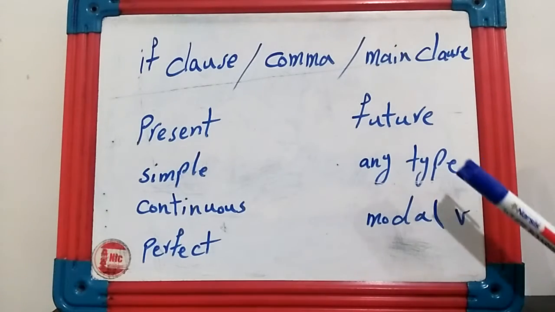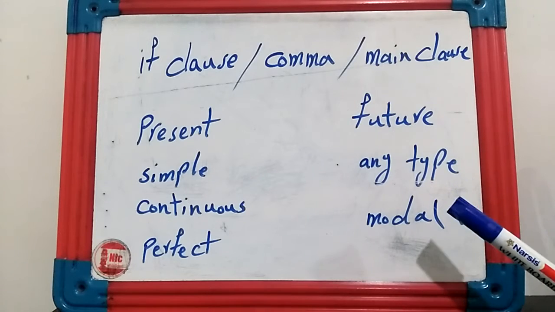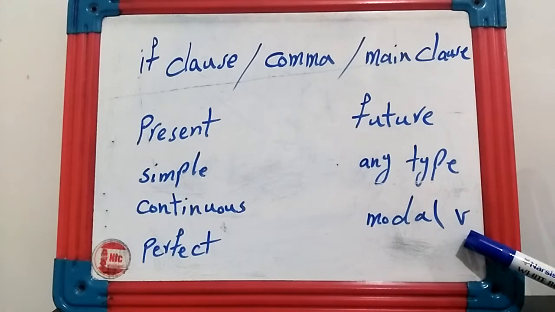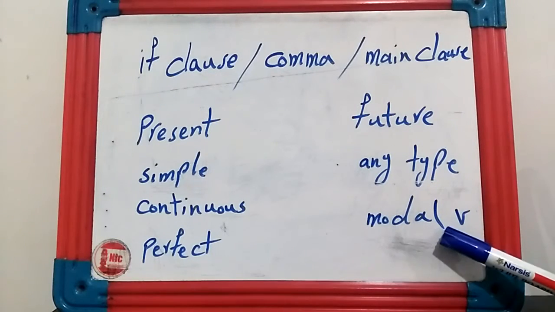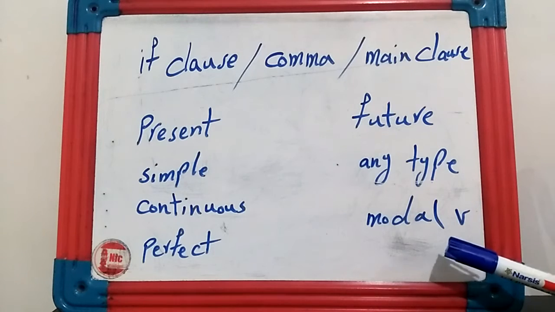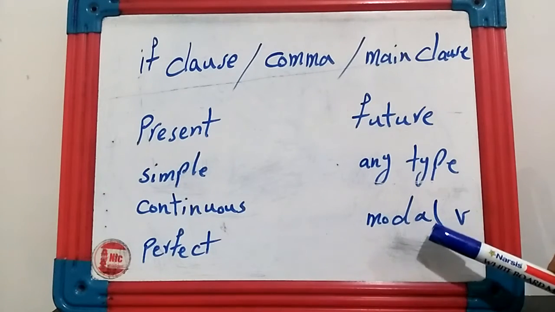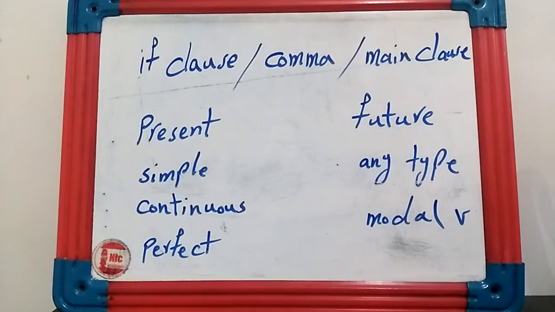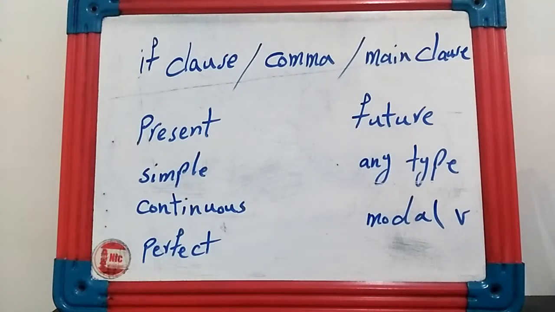In main clause, we should use future tense in any type and modal verb as well. فعل‌های کمکی مودال ورب که بهشون میگفتیم هم توی عبارت main clause میتونیم استفاده کنیم. Modal verb like should, for example. So, with this structure, we know this total structure.